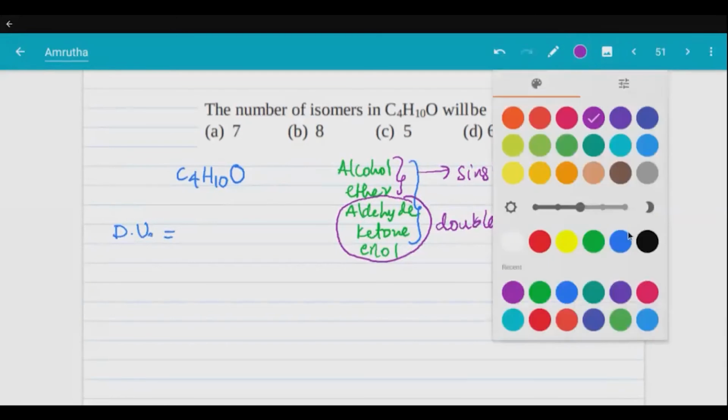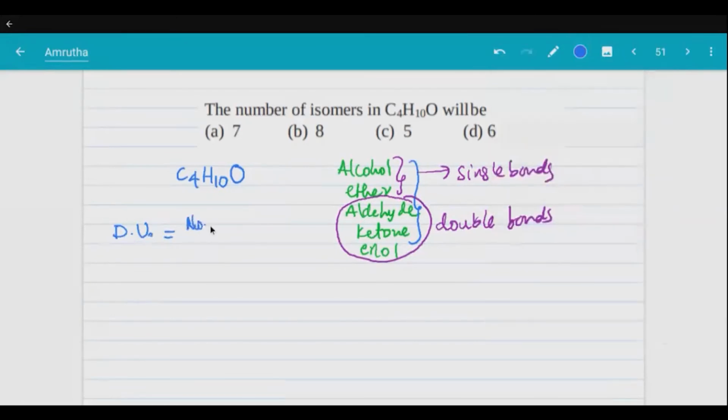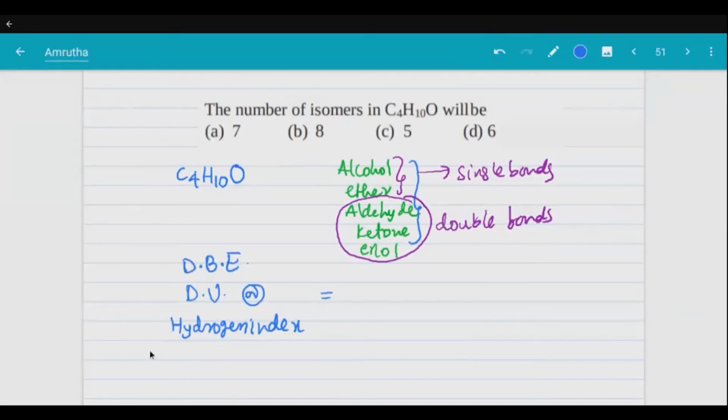What exactly is it? How many hydrogens in a saturated compound? Let me write here, degree of unsaturation, or this is called hydrogen index. Based on the number of hydrogens, we can find whether this compound is saturated or unsaturated. It can also be called double bond equivalence.